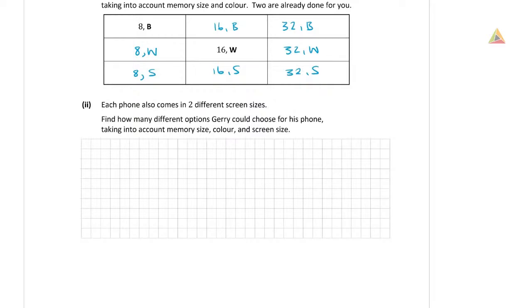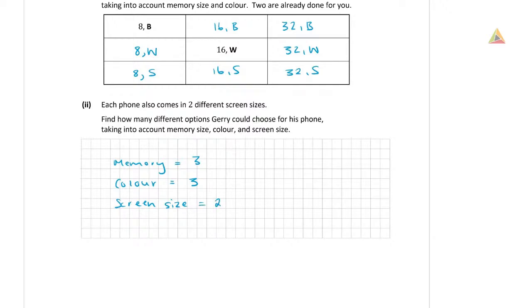Okay, so for memory, how many different options do we have? We have 3 different options, so there's 8, 16 or 32. For colour, we also had 3 different options, so black, white or silver. That was 3 options. And then now they're saying that we can also pick screen size, and it comes in 2 different sizes.